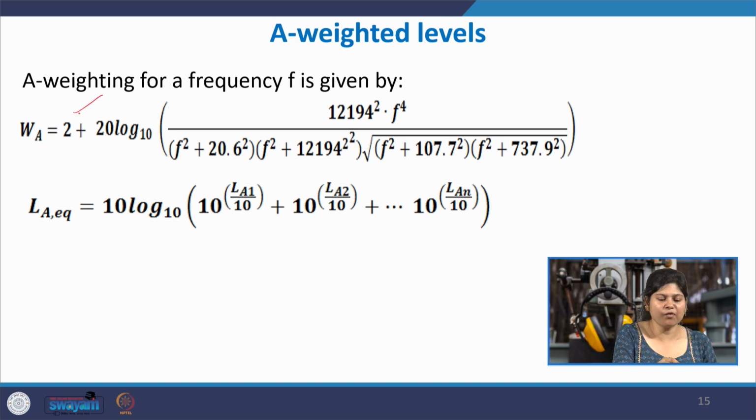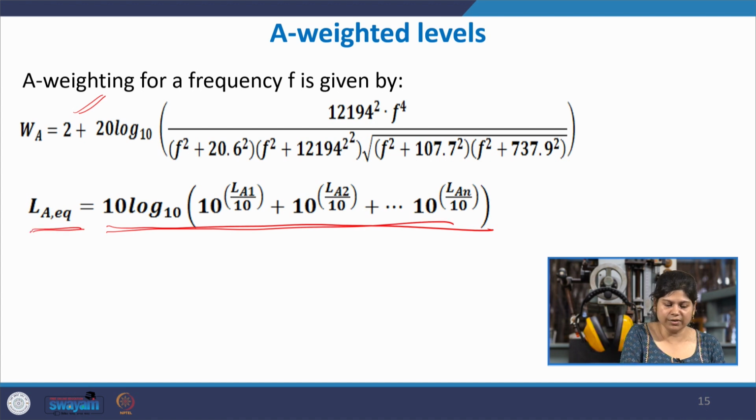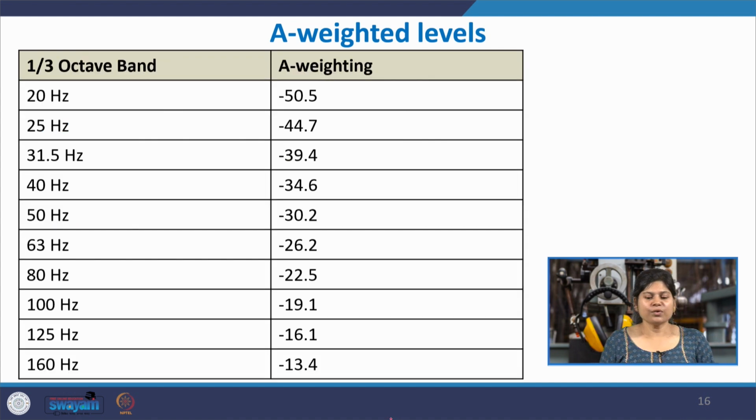This is the generic function to get the weight at every 1/3 octave band level. Then you use the formula of combining all these levels to get your final LA equivalent. So, this shows us the weight.